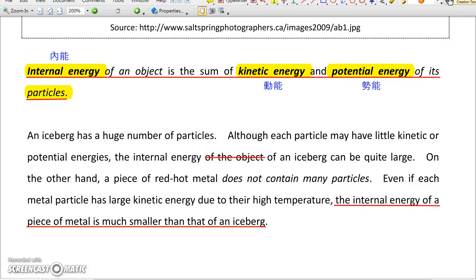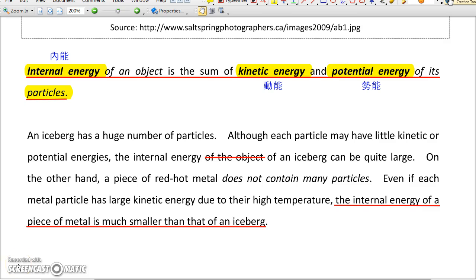When we talk about the energy of an object, we talk about the internal energy of the object. It is the sum of kinetic energy and potential energy of its particles. An iceberg has a huge number of particles. Although each particle does not vibrate too much due to the low temperature, the total potential energy and kinetic energy can be quite large.